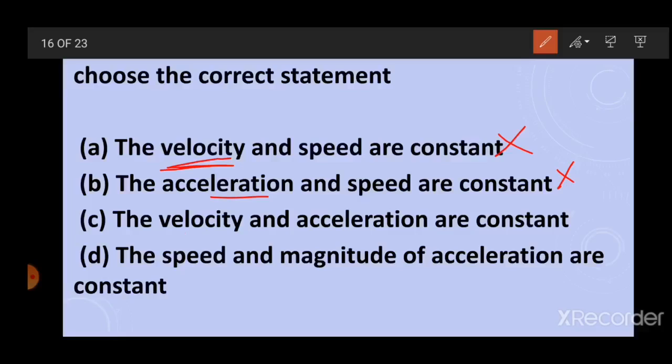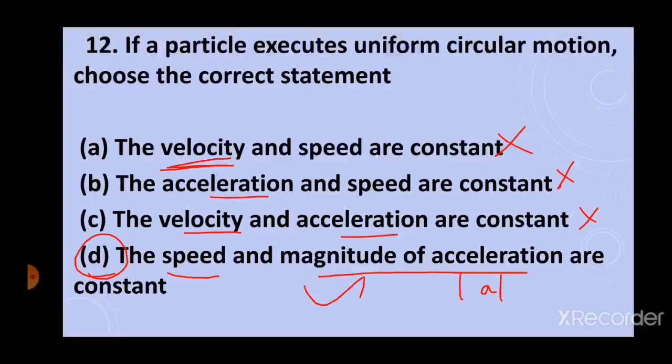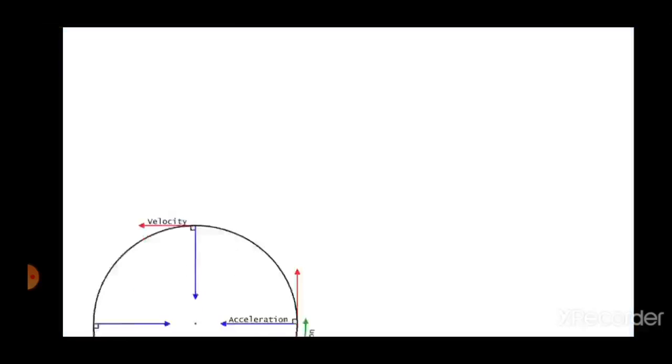Then velocity and acceleration both are not constant, so this statement is also wrong. So finally, the speed and magnitude of acceleration are constant. So speed and the modulus of acceleration a are both constant. So the answer is option D. Understand, students? Okay. Then go to the next problem.